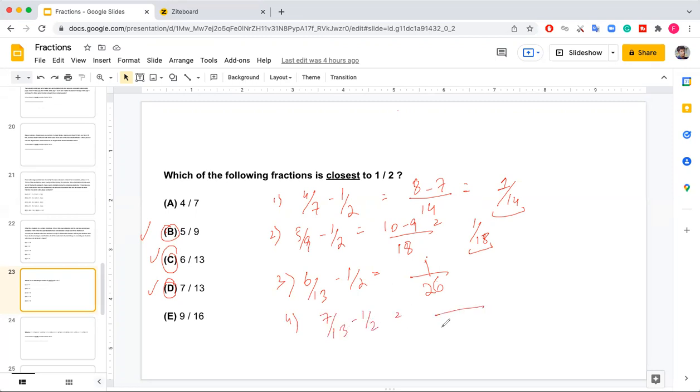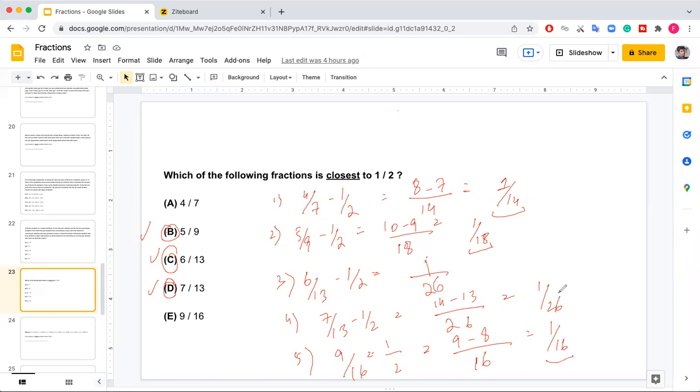This is also over 26, so 14 minus 13 equals 1/26. What is the last one? This is 9/16 minus 1/2, which is 9 minus 8 over 16, so 1/16, right?